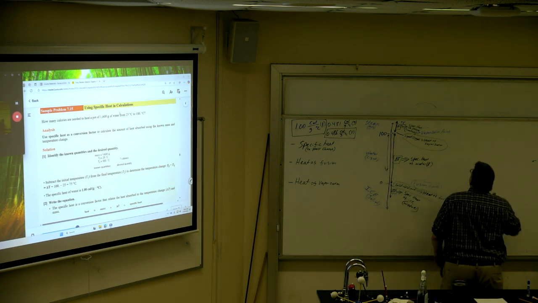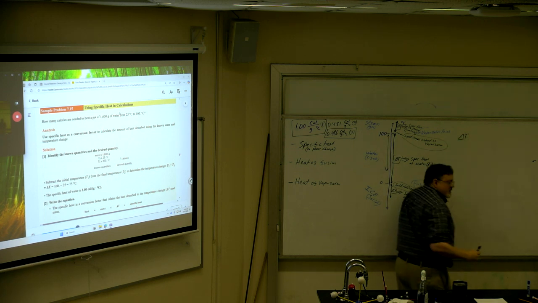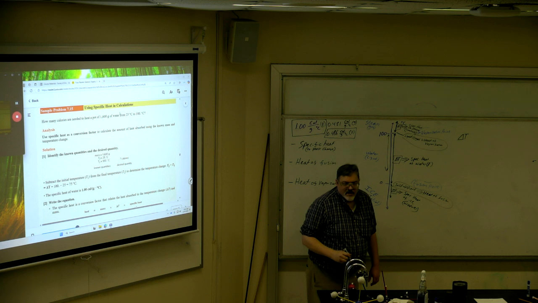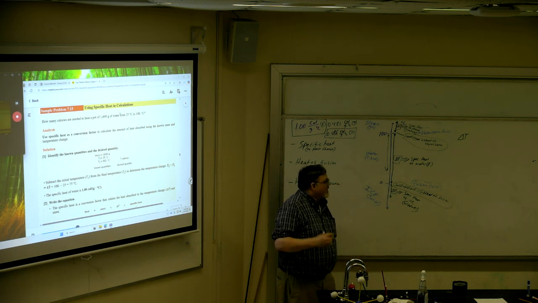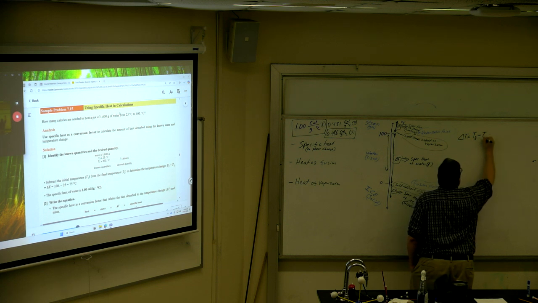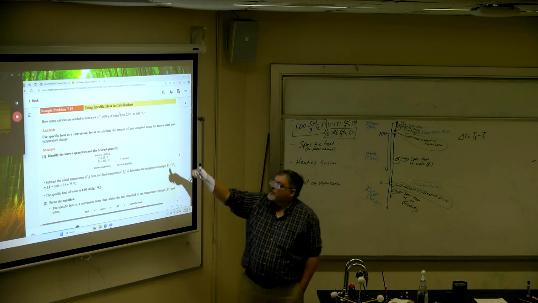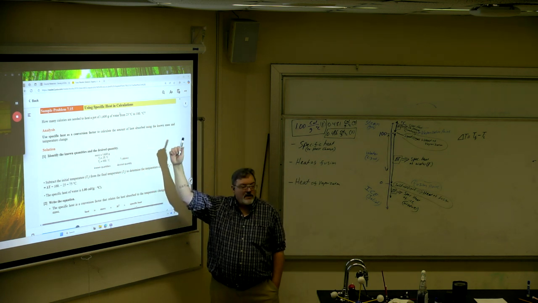But I need to show you, it's a simple side calculation, but you always have to do that with these types of questions. The delta T is always T final minus T initial. So if you look here, it says from 25 degrees to 100 degrees.